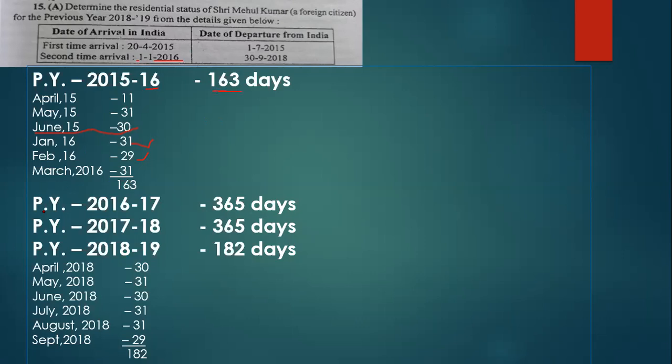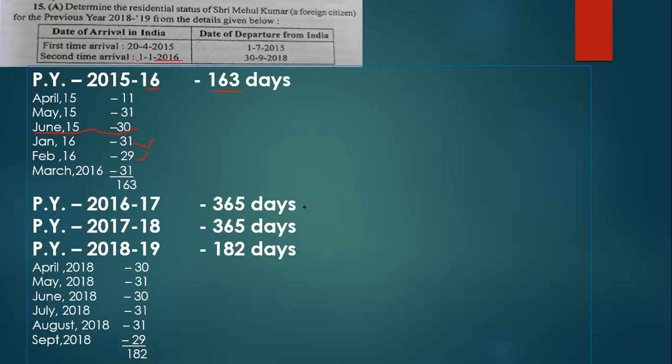Then let's go to the previous year 2016-17. Here he is staying till 30th September 2018. It means during the entire 2016-17, from 1st April to 31st March, he is in India only. So for the whole year we don't have to calculate January, February, March, April, May, June, July, August, September separately.